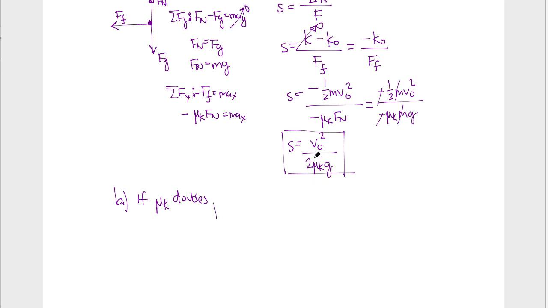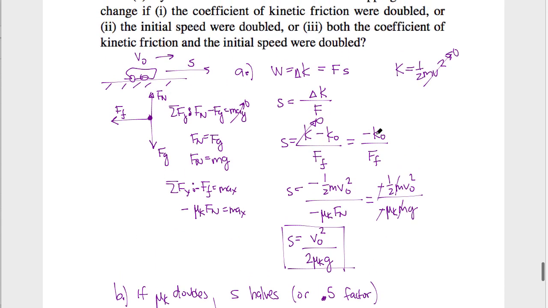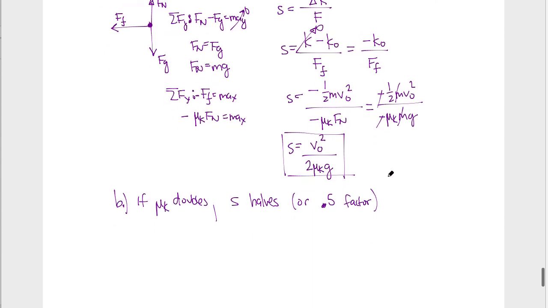So if I plug in a 2 mu k in my denominator, I end up having the stopping distance S halves or a 0.5 factor. You can think of it as either. And the reason for that, which makes perfect sense, is if my coefficient of friction is higher, that means I have a larger friction force. So I'm going to have a shorter stopping distance.